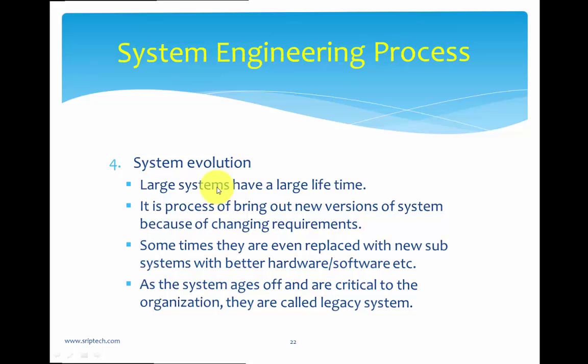Then that becomes a legacy system of that particular organization. Okay, as you can see here, as the system ages off and are critical to the organization, they are called as legacy system. That means they become the most important systems of the entire organization structure, which means the organization cannot live without it. They are called as legacy systems.